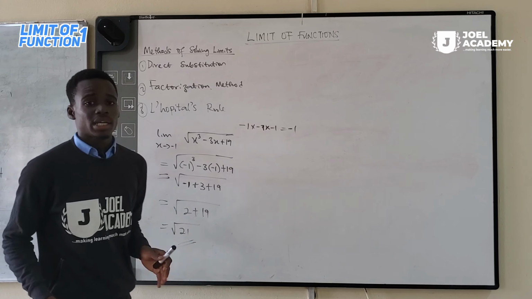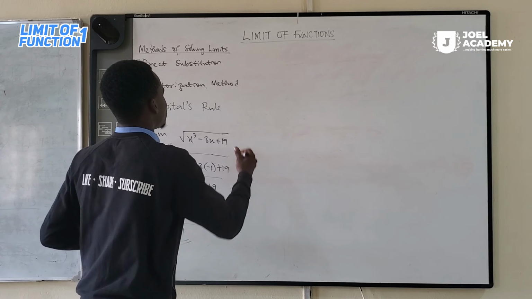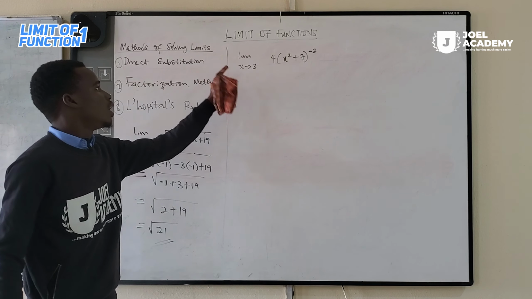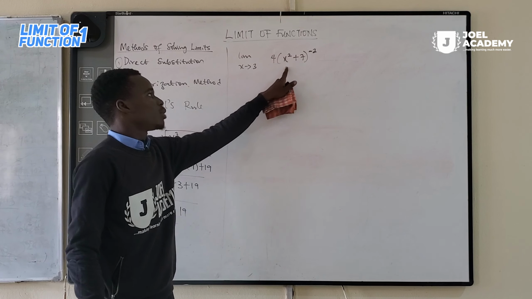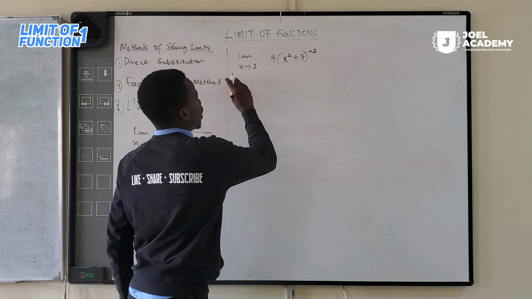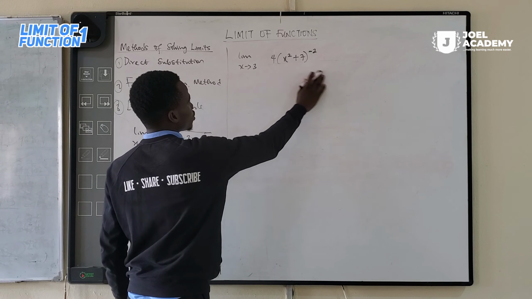Let's see how we can solve more questions on limit of a function and see what method we can use. Now we have this question: the limit as x tends to 3 of 4 times the bracket x squared plus 7, all raised to the power of minus 2. What it tells us to do, fundamentally, is to substitute directly.